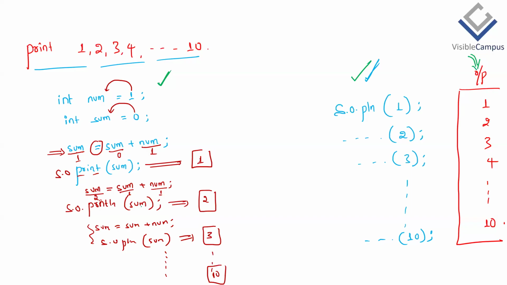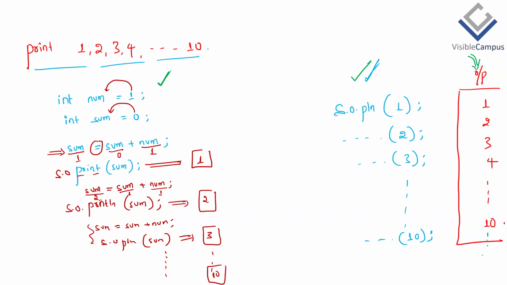By giving simply print statements, 1 to 10 is easy, sir. But using the logic and all, the second one looks hard. So for 10, it looks a bit easy.